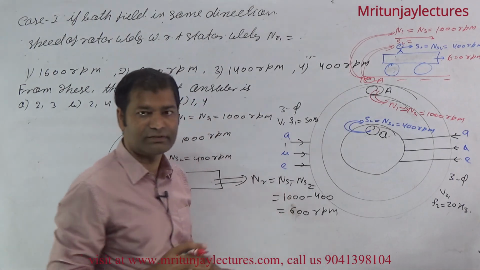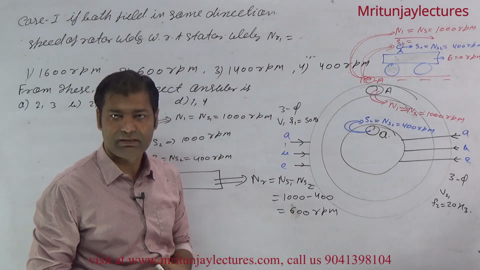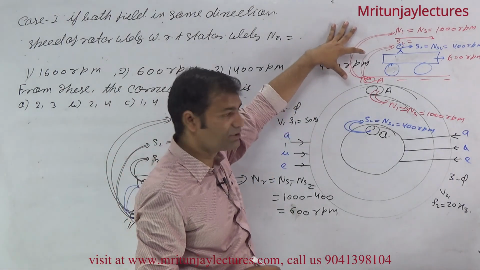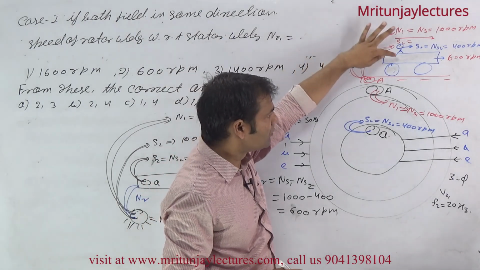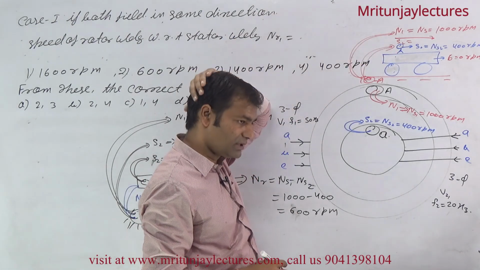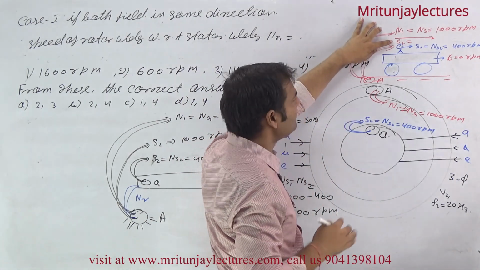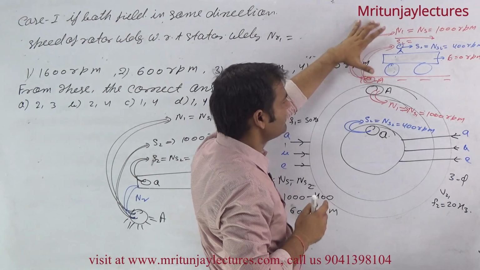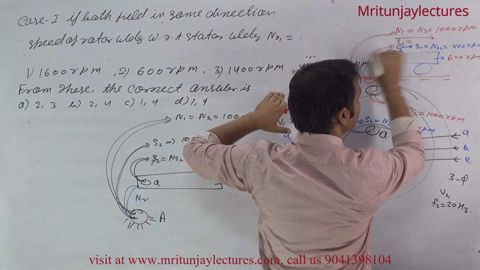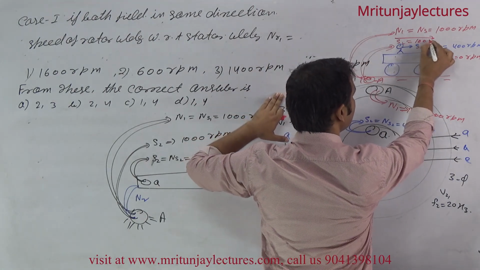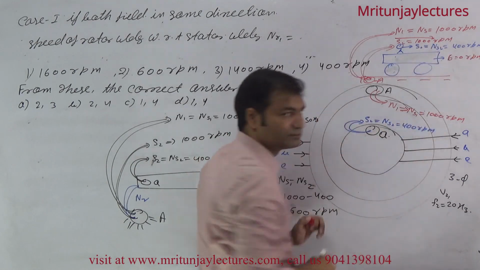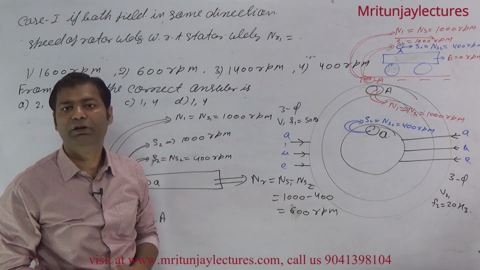You sit on the stator winding and see the stator field with respect to the stator winding. If the rotor rotates at 600 rpm, then the speed of the rotor field with respect to the stator winding is 1000 rpm.